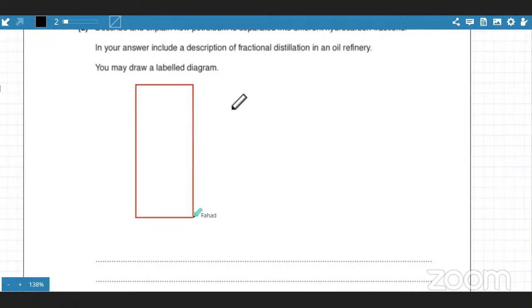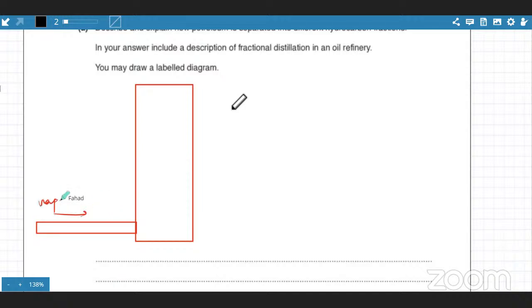It's going to show a chimney, and vaporized gases would be coming into this chamber. So it's vaporized crude oil that's entering this chamber at high temperatures.